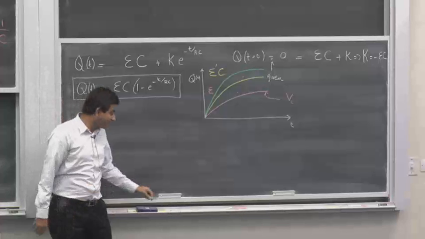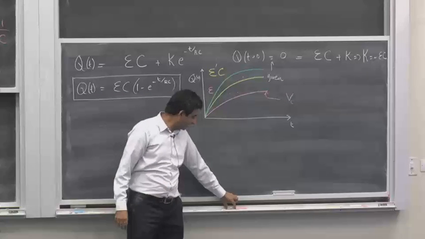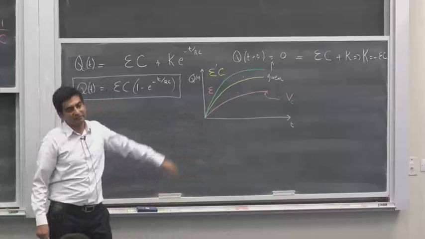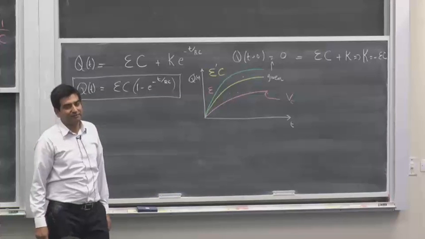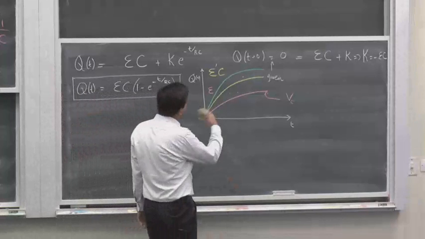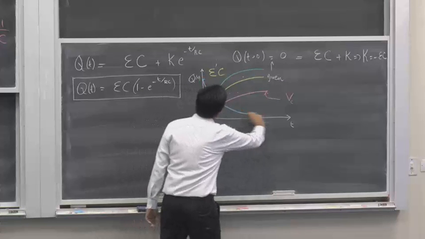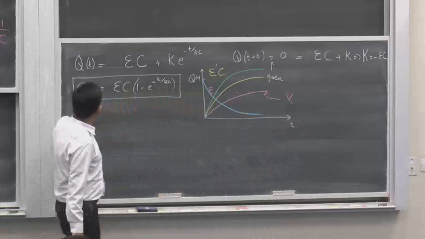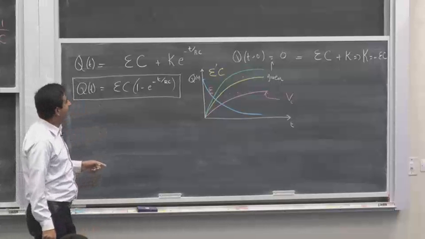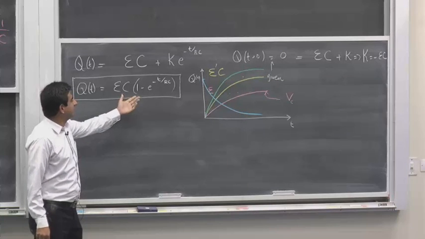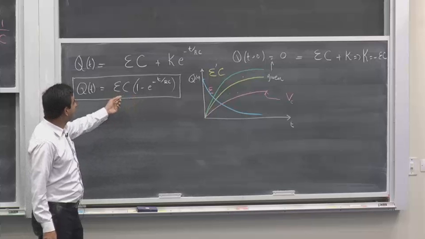What about the current inside this circuit? It's going to be the derivative of this, right? It's going to exponentially decay. It's going to start off at some value and decay like this. You take this, find the derivative, and you get a certain derivative.